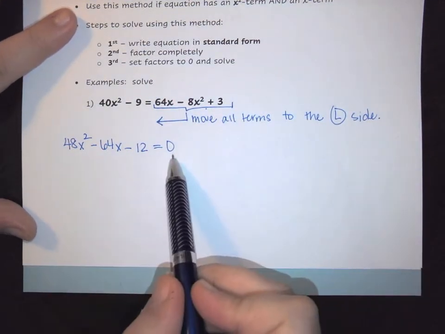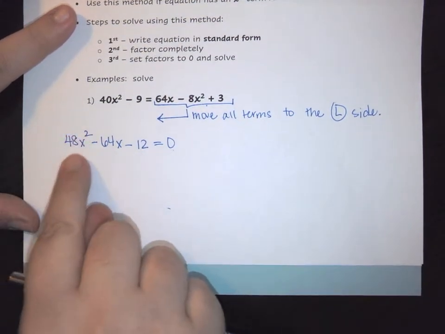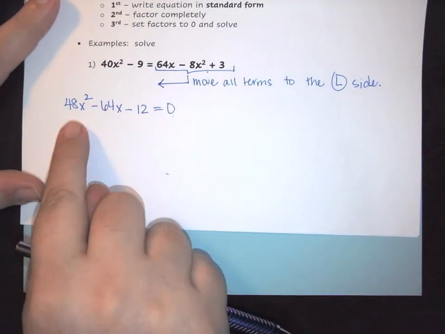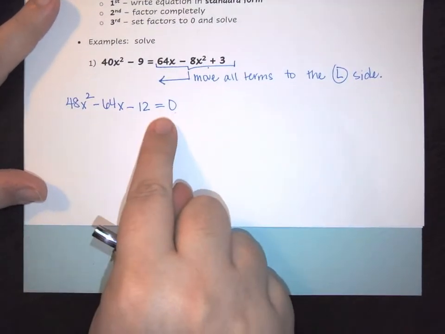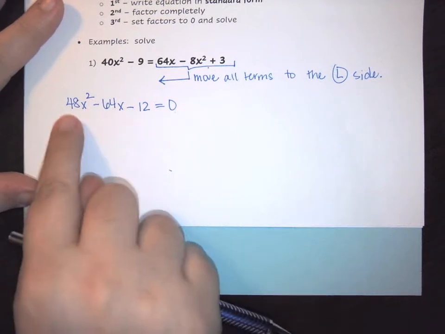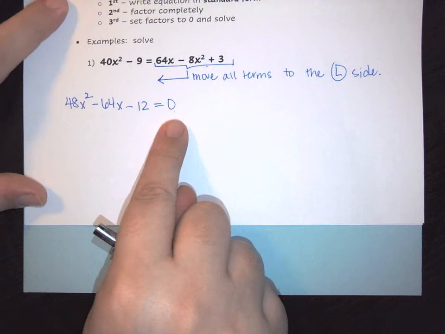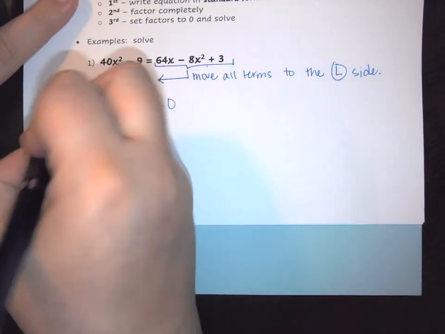Once you have your equation set equal to 0, you're going to look at your equation the same way we would if it was an expression. We want to look first to see if there are any common GCF terms that we could possibly divide out, and in this case we can.